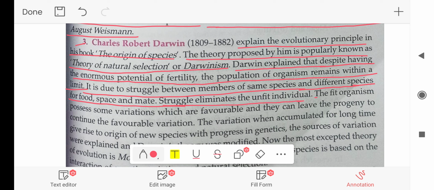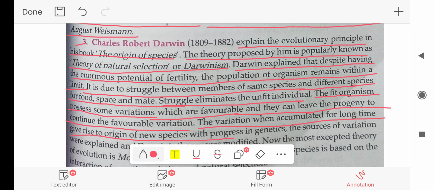And the fit organism possesses some variations which are favorable, and they can leave the progeny to continue the favorable variation. The variation, when accumulated for a long time, gives rise to the origin of new species.